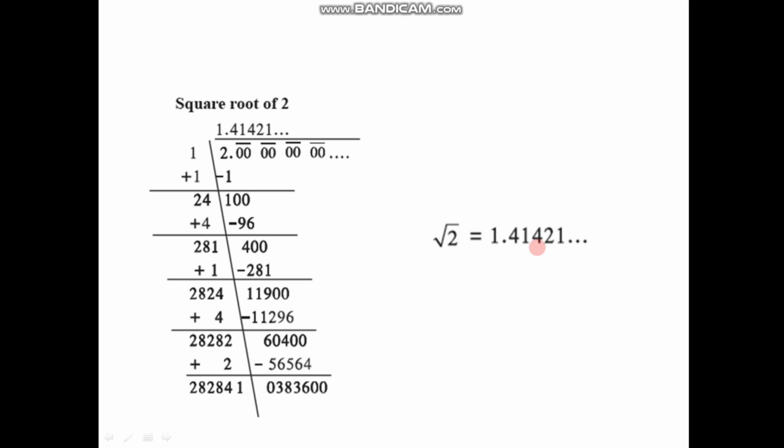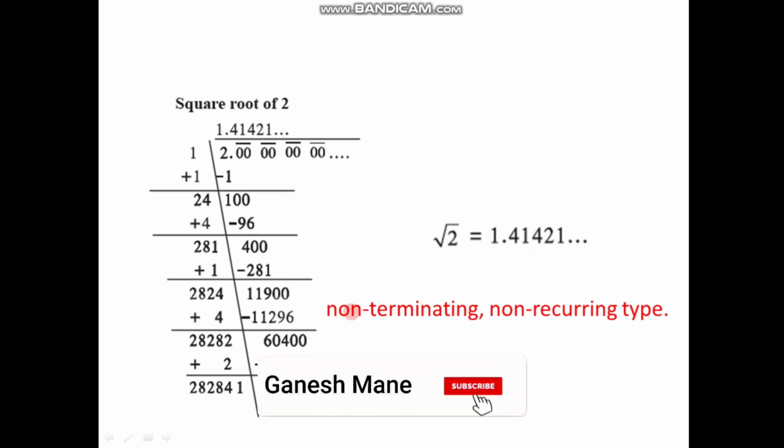That's why such a decimal form is called non-terminating and non-recurring. That is, it is neither terminating nor recurring. That's why the decimal form of root 2 is non-terminating and non-recurring.